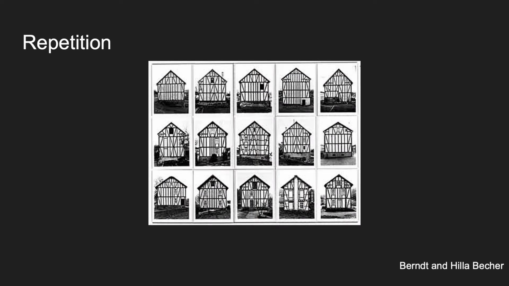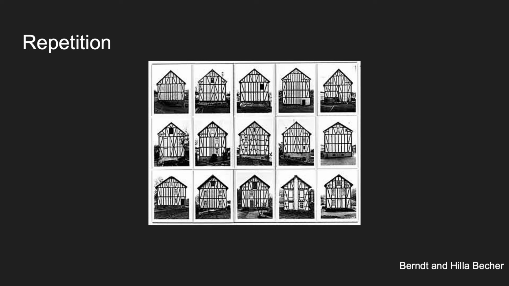Repetition. So this is a group of photographs by Bernd and Hilla Becker, who photographed old European structures, vernacular architecture across Europe, and also came to New York and other places in the US to photograph water towers. But the idea of repetition is that you're seeing the same thing over and over again.